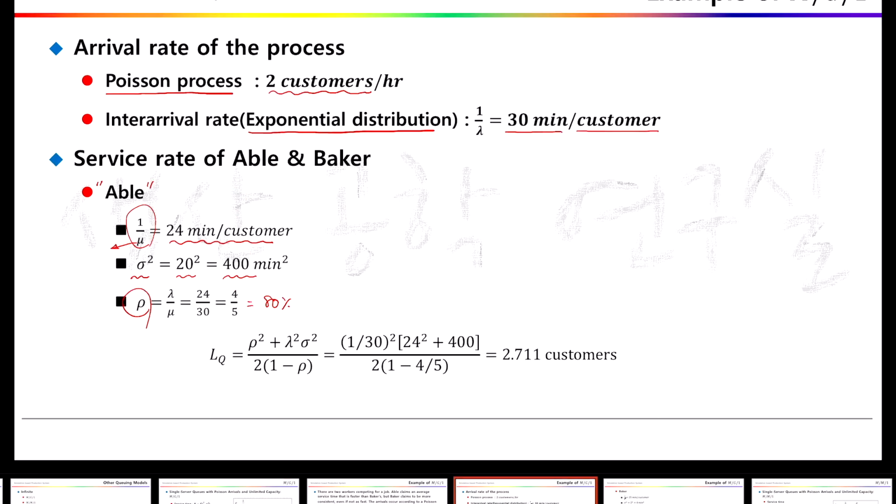So if Abel is working at this shop, then the length of the queue, LQ, may be calculated as shown in this example, and finally it is going to be roughly 2.7.